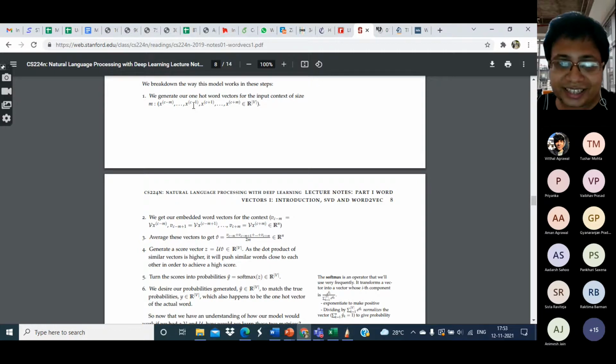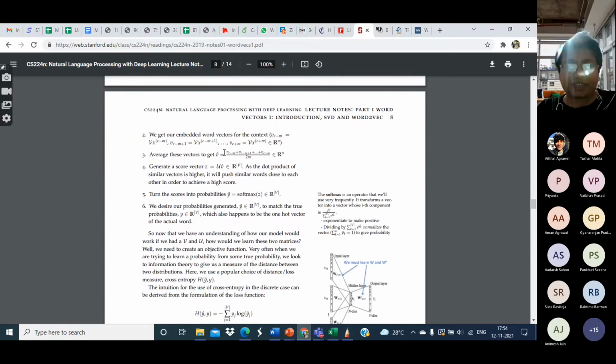Since this is actually happening, it better have a high probability according to my model, because only things which have a high probability happen. We do not really expect something with a low probability to happen, right? So since these words have appeared in the context of the target word, they better have a high probability of appearing.